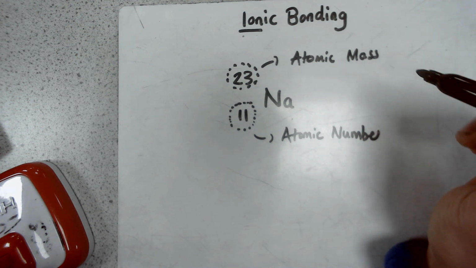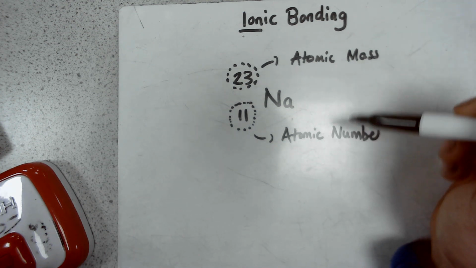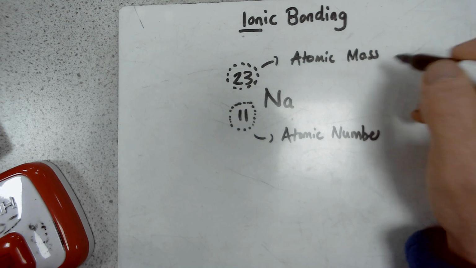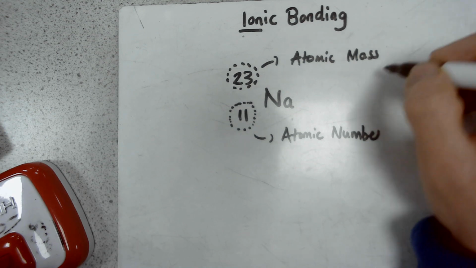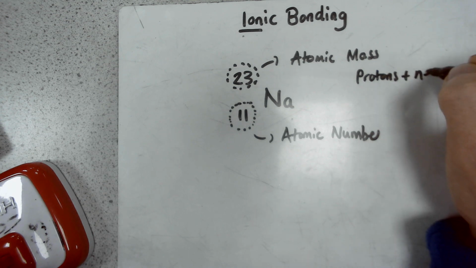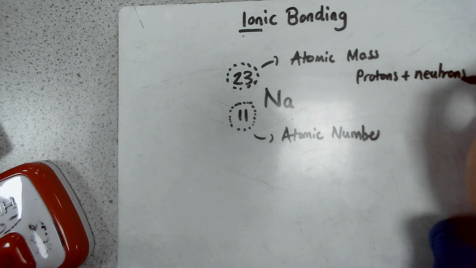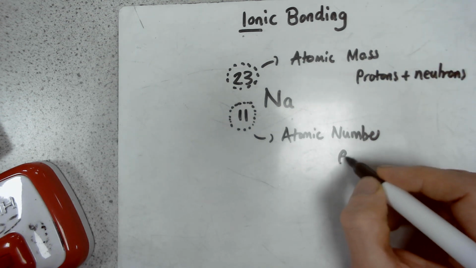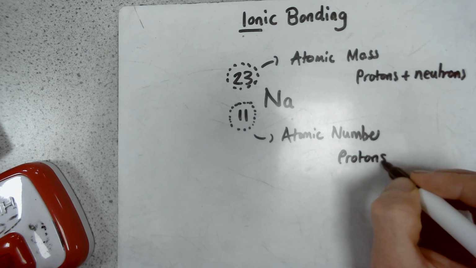Now, if you think back to the atomic structure unit, and this is where we need to start to link units together, the atomic mass is going to be the number of protons and neutrons, and the atomic number is going to be the number of protons.